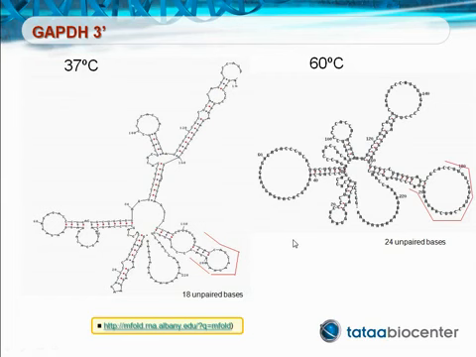Critical for efficient RT priming is that the targeted sequence is available. Increasing the temperature may improve hybridization and thus priming efficiency. RNA secondary structures can be predicted using the online tool mFold.